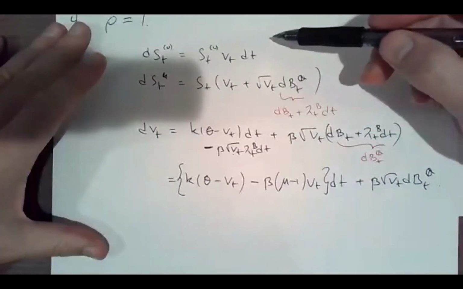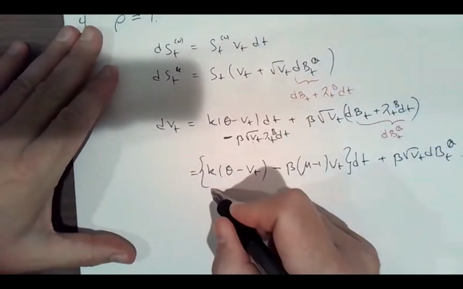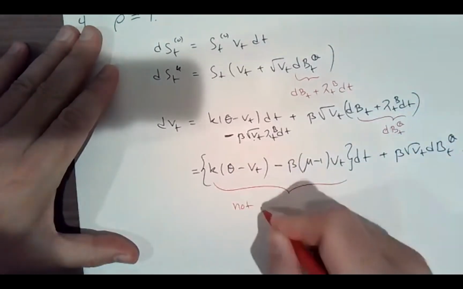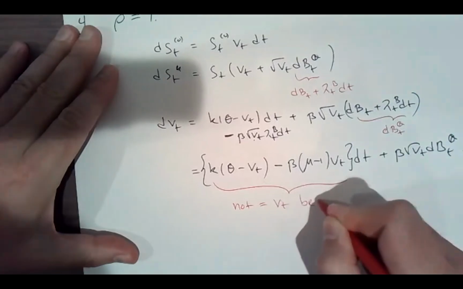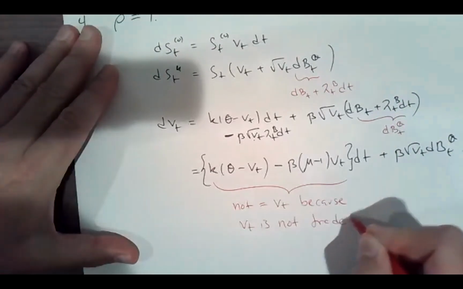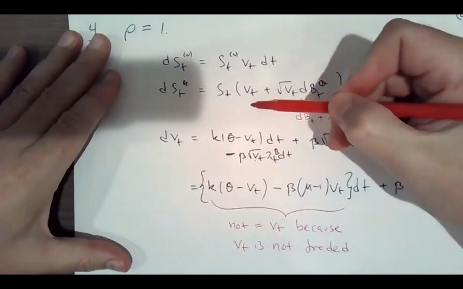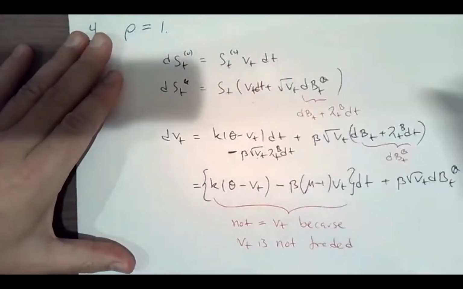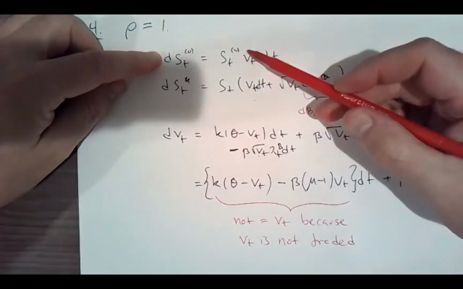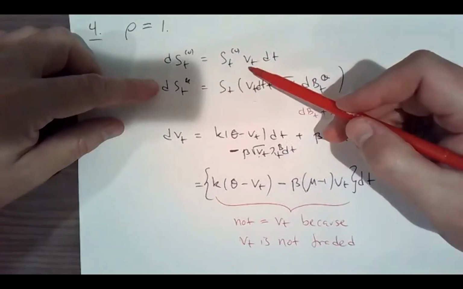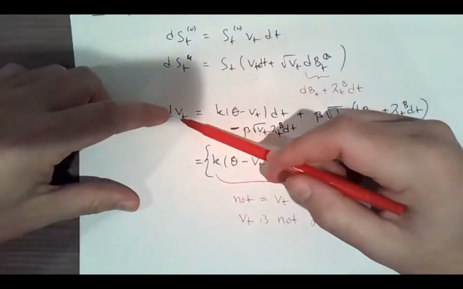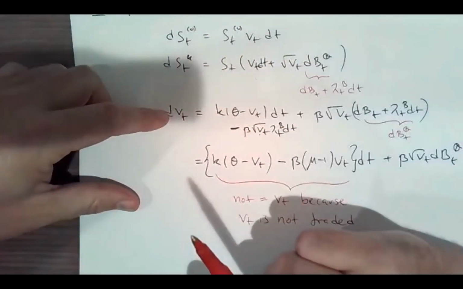We note here that this drift is not required to equal V_t, because V_t is not traded. For the other ones, you have V in front of the dt terms, because that is the value of a traded security: when I discount it by the bank, I'm going to get a martingale, with 0 dt in both of them. But I do not have a requirement that V_t divided by the bank is a martingale.